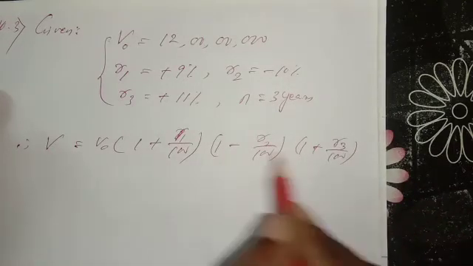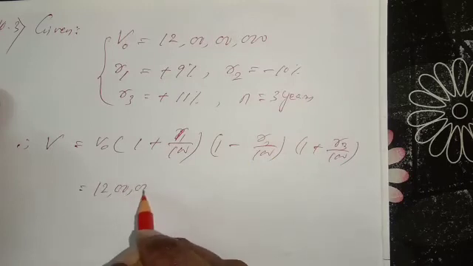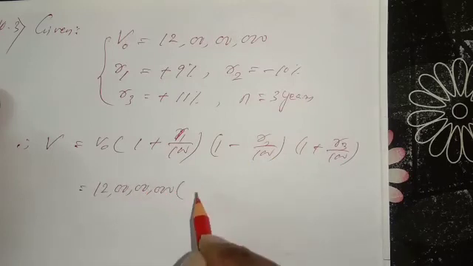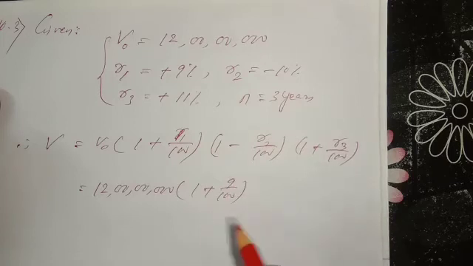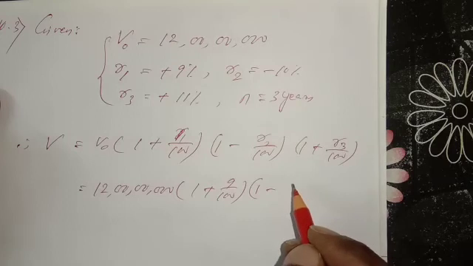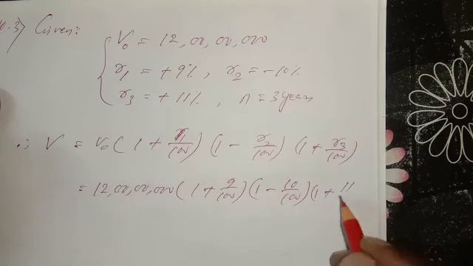Increases are plus, decreases are minus. This is the first year, second year, third year. V0 is given as 12 crore. 1 plus R1, which is 9, by 100. Then 1 minus R2, that is 10, by 100. Last one, 1 plus 11 by 100.